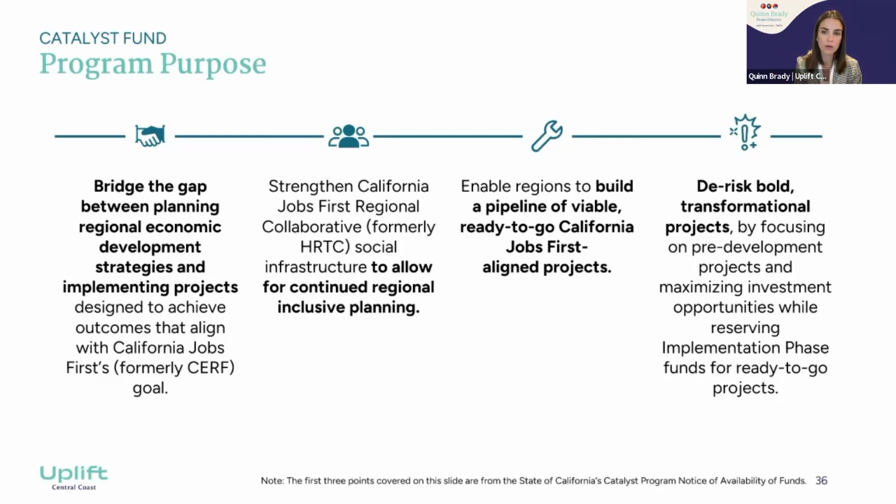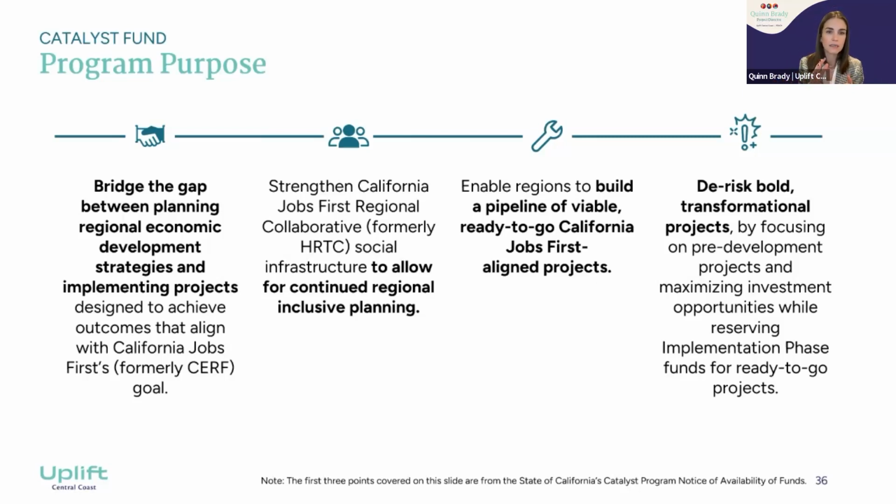And one way that we are going to begin doing this is in partnership with California Jobs First and Catalyst Funding. Catalyst funding, we applied for that funding a couple months back and anticipate hearing announcements about those awards in the coming weeks or so. And this funding is really designed to bridge the gap between planning and those strategies that we talked about and implementation projects.